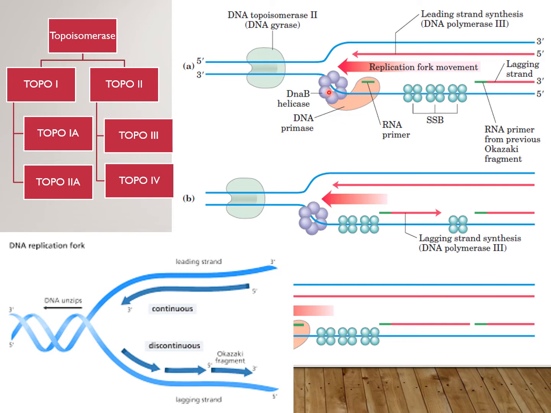After loading of helicase, other proteins known as SSB protein, that is single strand stabilizing protein, are loaded on the separated single strands for stabilizing them, so that the two separated strands of the DNA should not combine with each other again, because the nitrogenous bases have a tendency to form hydrogen bonds.